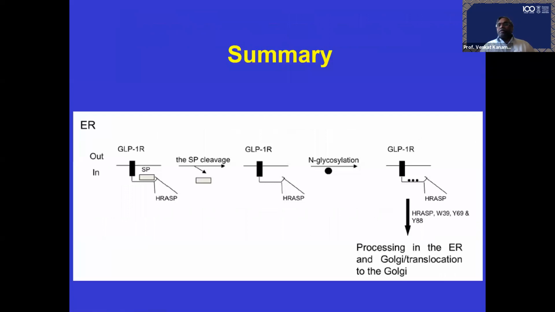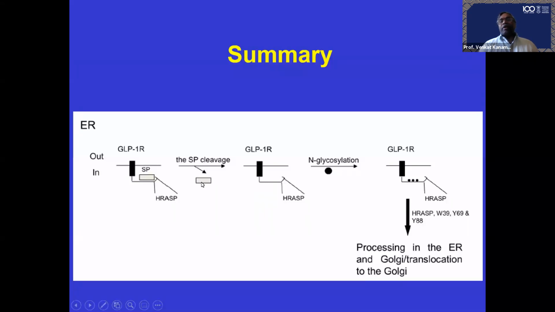So based on the data I've shown so far, we proposed a model. According to this model, when the GLP-1 receptor is synthesized in the endoplasmic reticulum, this is outside of the ER, this is inside of the ER. We proposed that maybe the signal peptide somehow masks the N-glycosylation sites.